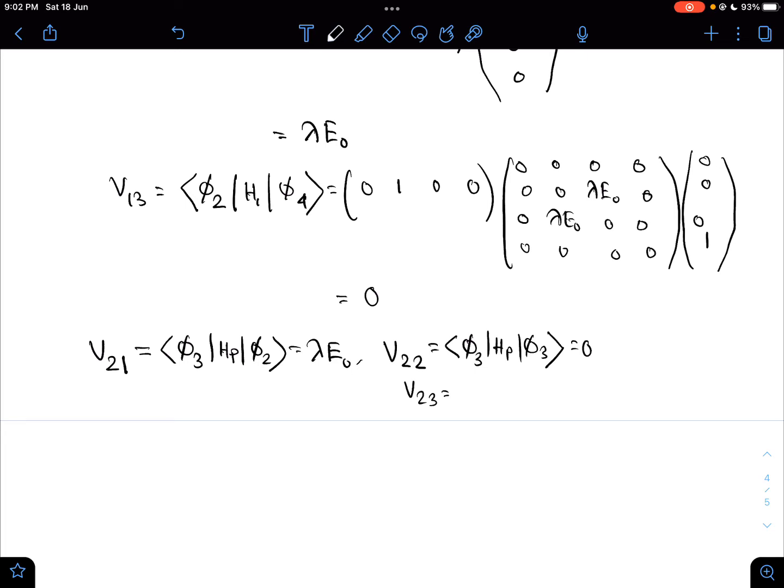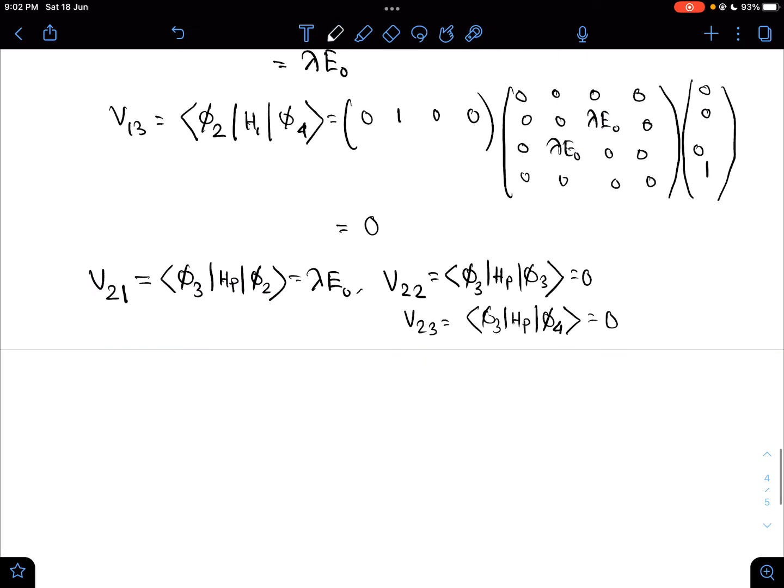V23 is phi 3 HP phi 4, it will turn out to be 0. V31 is phi 4 HP phi 2, so it will also turn out to be 0. You have to just do the simple matrix multiplication, nothing else.